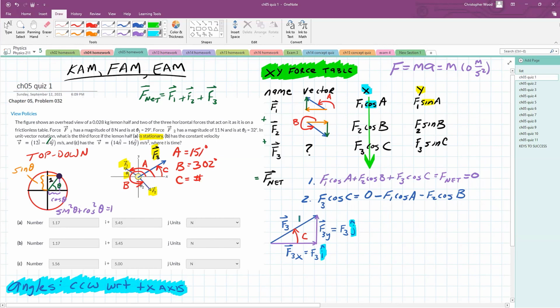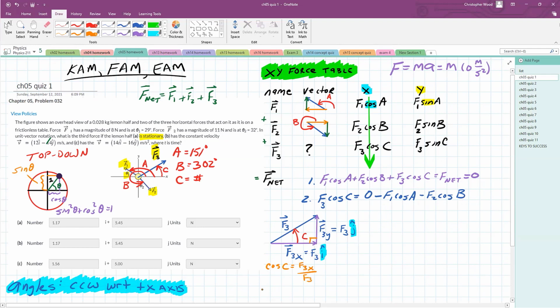And I'm done, because if you look at this, you guys, just look at F3 here. This is a right angle triangle. That's 90 degrees. You get to use SOHCAHTOA and Pythagorean theorem. Look at this triangle right here. If I just said cosine of angle C equals side adjacent F3x all over the hypotenuse F3.